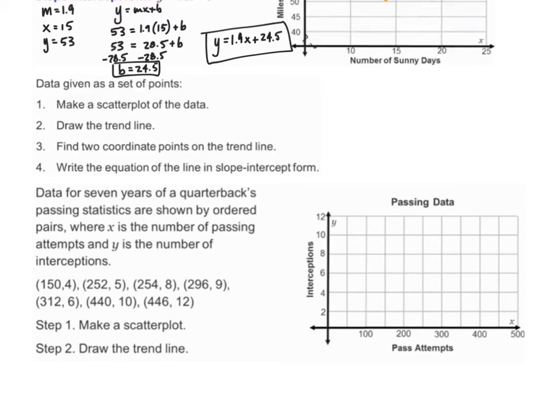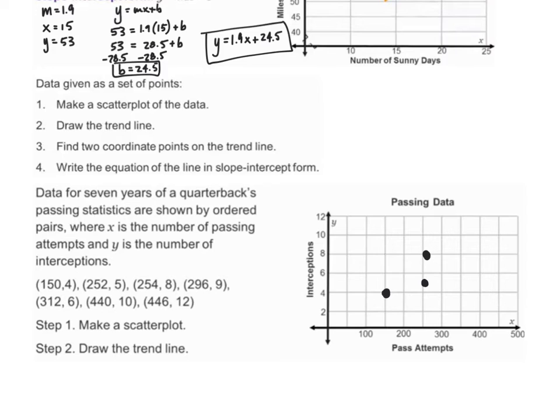So let's go ahead and plot these, and this isn't going to be exact, but we're going to try and be as close as we can. So I've got 150, comma 4. Well, that one's pretty exact. That one's going to be right here. Okay, and then we got 252, comma 5. All right, so that's going to be right about here. 254, 8. Oops, 8. Okay. 296, 9.